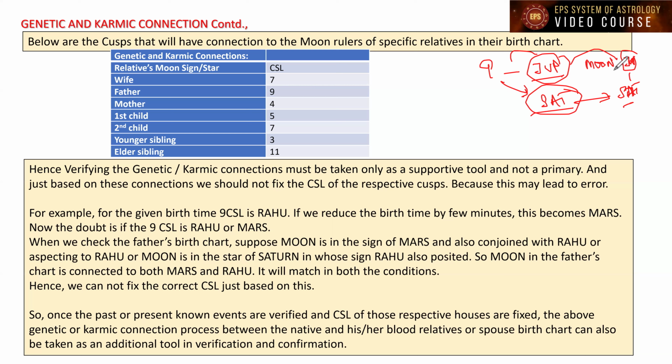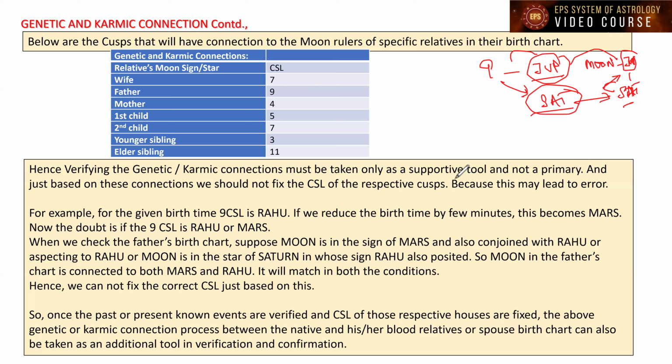Sometimes the moon is in the sign of Jupiter, and Jupiter is conjoined with or aspected by Saturn, which will also match. So directly or indirectly it can associate or connect. Because of that, we cannot take this blindly.